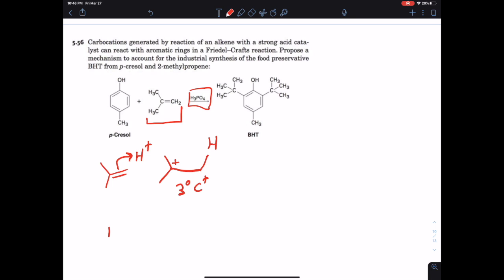So now I can take my aromatic ring, and I will have to show the hydrogen now, just the positive charge. I can have this reach out and I get the beginnings of an electrophilic aromatic substitution reaction.